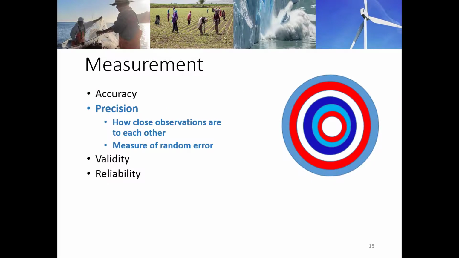Precision focuses on how close observations are to each other, and is in essence a measure of random error. So here we have measurements that are close together or precise, but not very accurate or not targeting the center of the target.